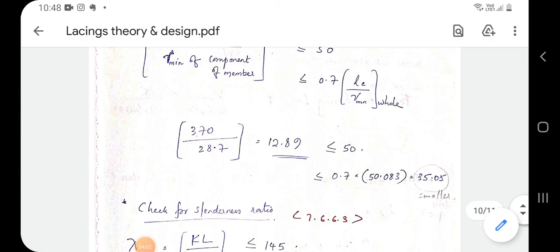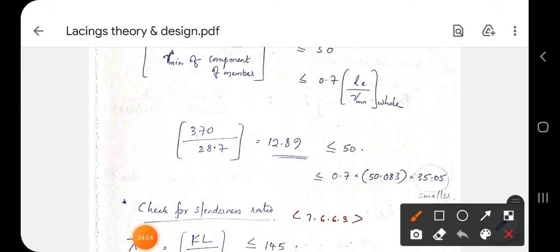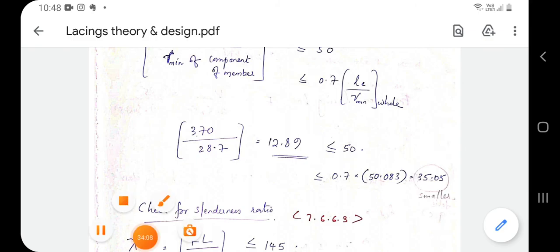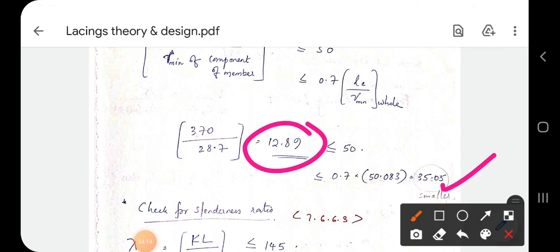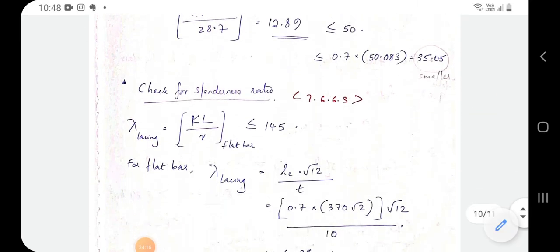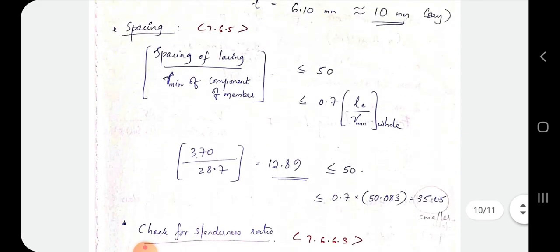So in this the smaller value is 35.05, and our spacing by r minimum of component member is 12.89, which is less than 35.05. So that condition is okay, spacing is okay here.